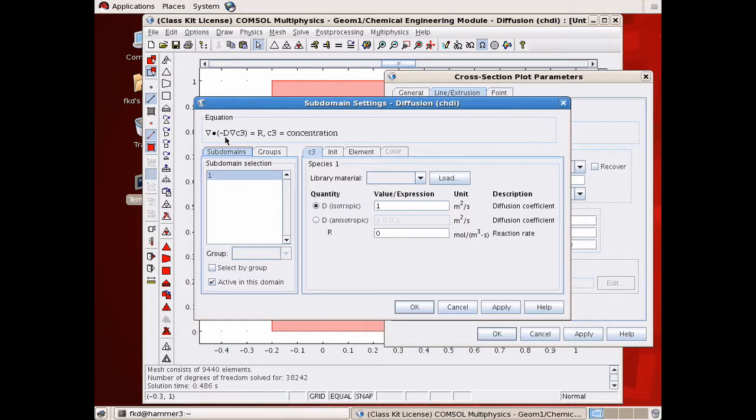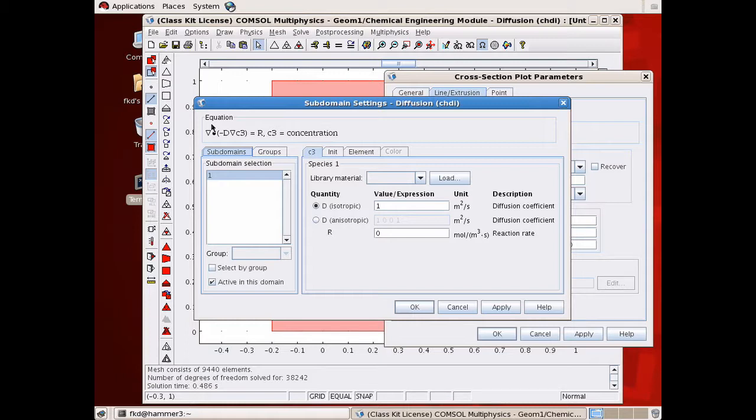So we're saying that if this is an analog for our flow equation, then this would actually be, in this terminology, del dot d, which is the diffusion coefficient, times the derivative of C3, which is the same as our k d2h dx squared, right?